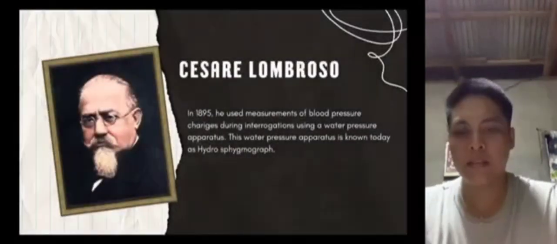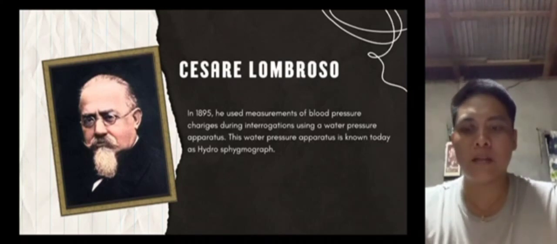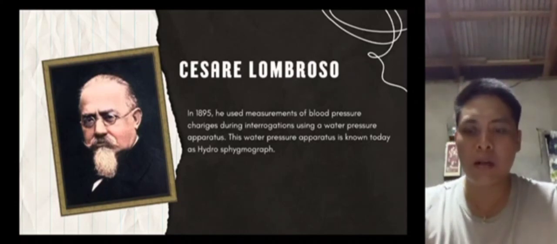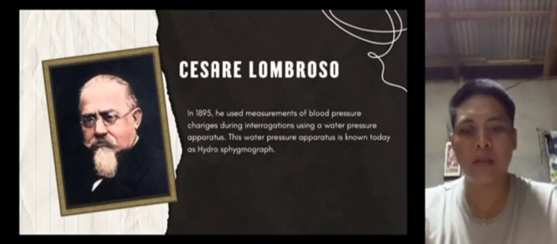Seventh, Cesare Lombroso. In 1895, he used measurements of blood pressure changes during interrogations using a water pressure apparatus. This water pressure apparatus is known today as the hydrosphygmograph.